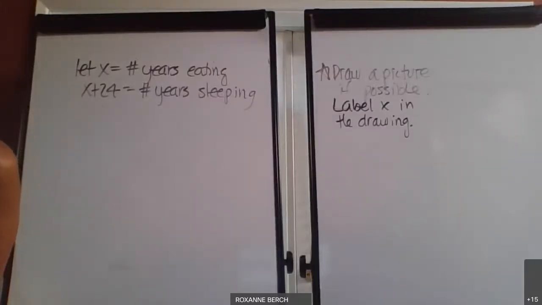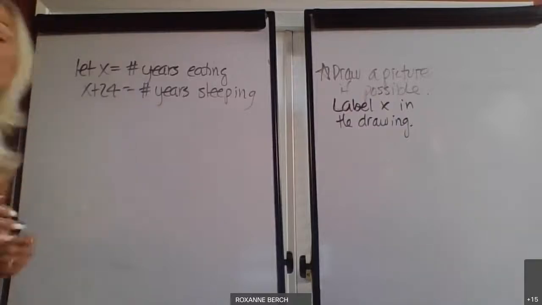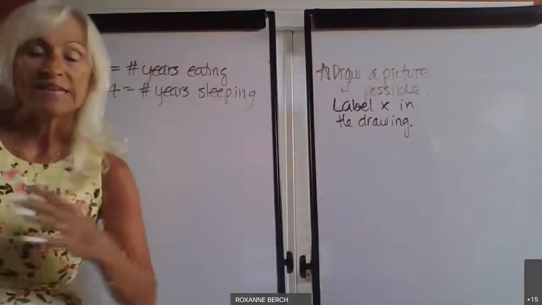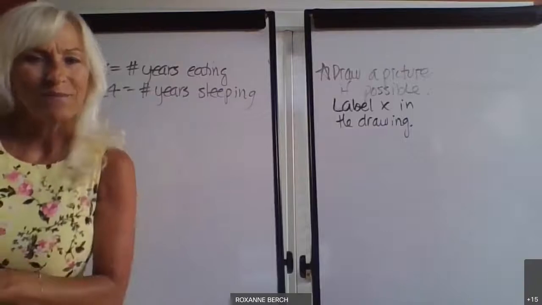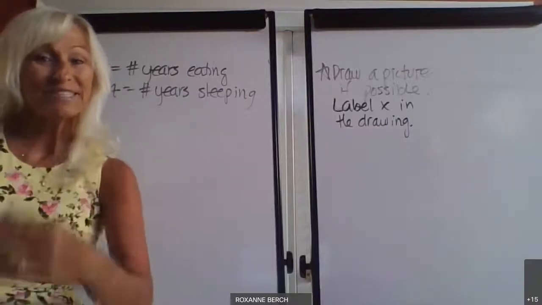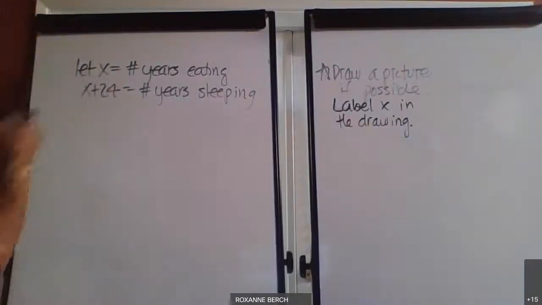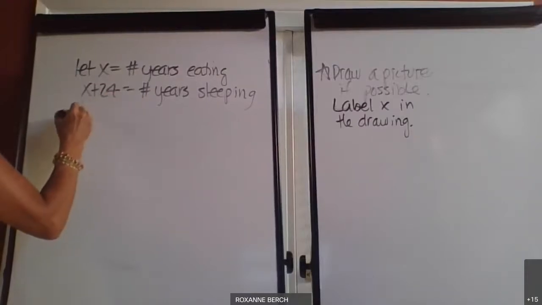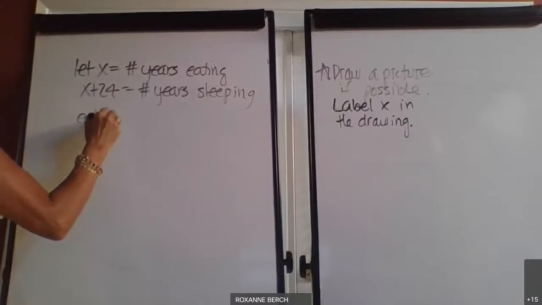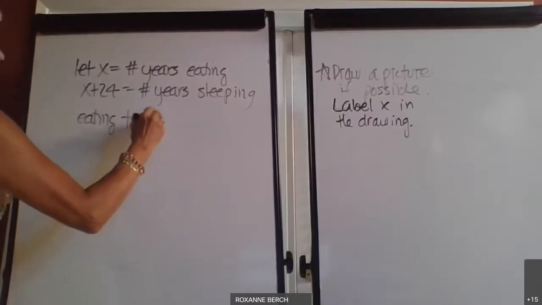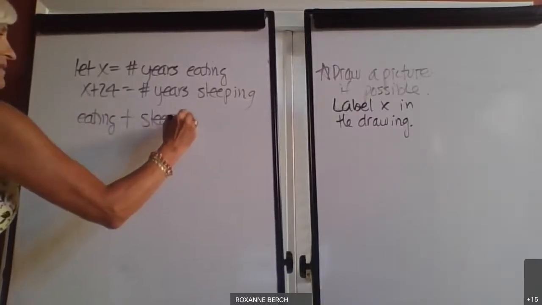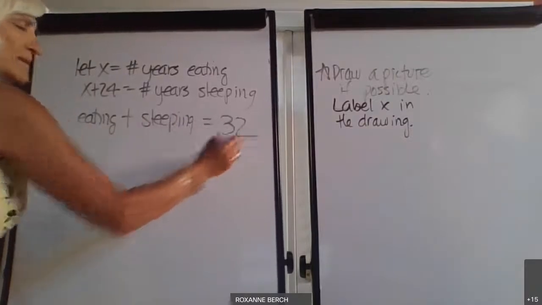All right, so what we're going to do now is, the total of these, so here's the deal. What I realized is to write an English statement. So didn't they say that the number of years eating plus sleeping equals 32?